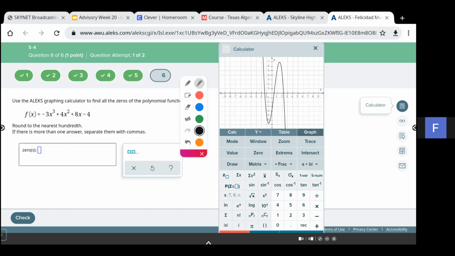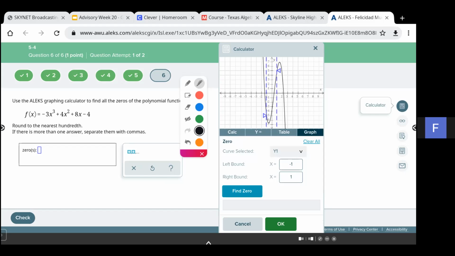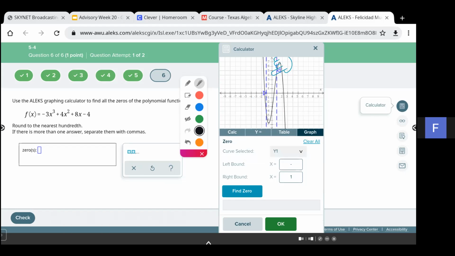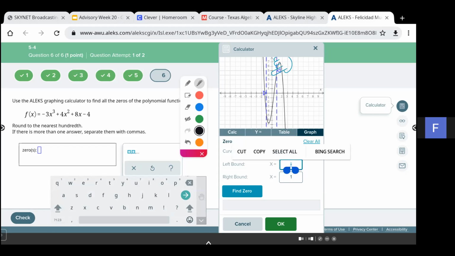I can see that it crosses 3 times. That means I have 3 different answers. So I'm going to do the best I can here and just hope it lets me move things as I want. I'm actually going to start with this one being at -2. Let's see. Move back to y equals.